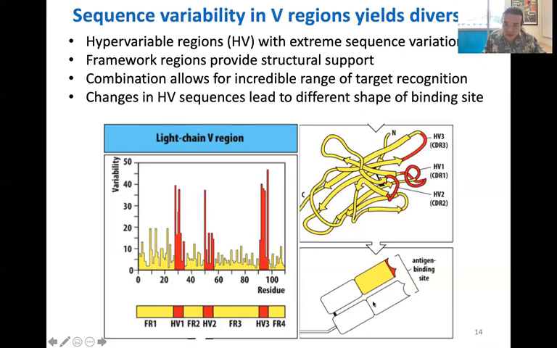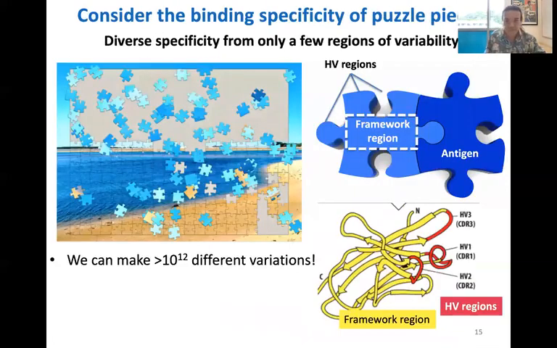So it's pressed up against the variable region of the heavy chain. So the heavy chain is here. It goes off to the left and would go down to the main stem part of the Y. So the antigen binding site of one arm of the Y shape is actually made of the hypervariable region of the light chain plus the hypervariable region of the heavy chain. So it's that combined 6 loops that creates a unique three-dimensional surface.